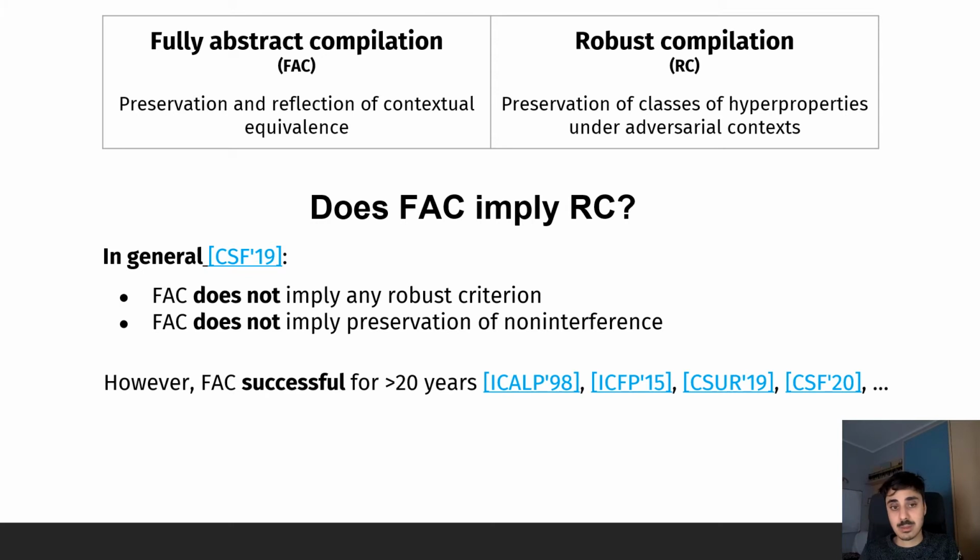However, fully abstract compilation has been widely successful for the last 20 years, also when considering the preservation of specific hyperproperties like no-interference. These results together suggest that comparing the two notions just by checking whether one logically implies the other is not completely satisfactory. For that, we propose to investigate a different question.